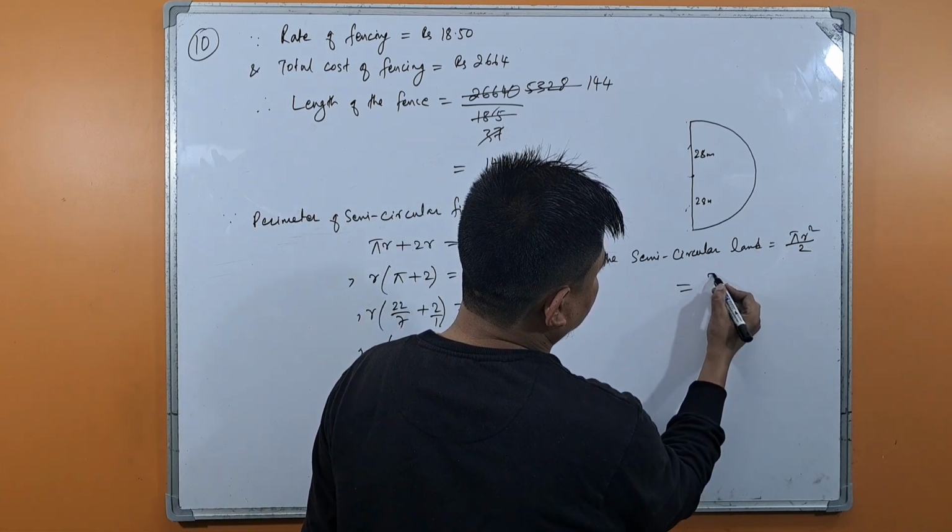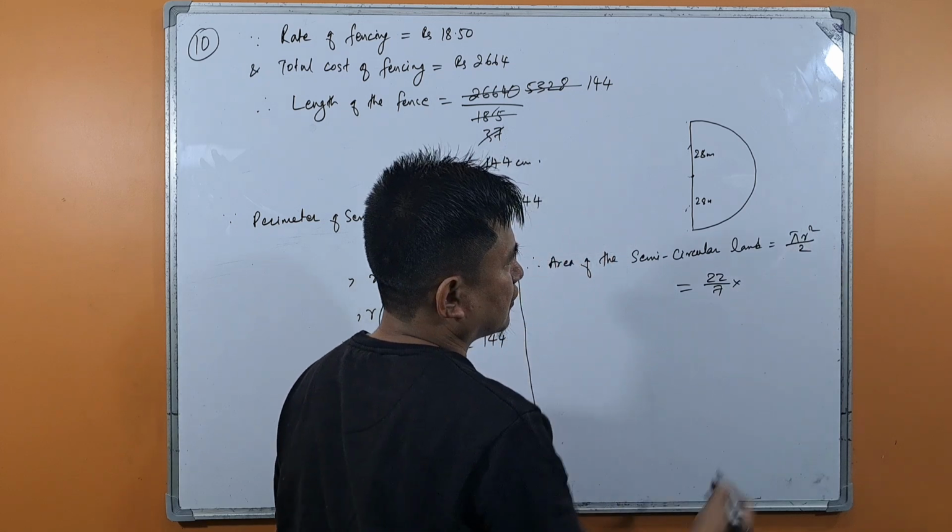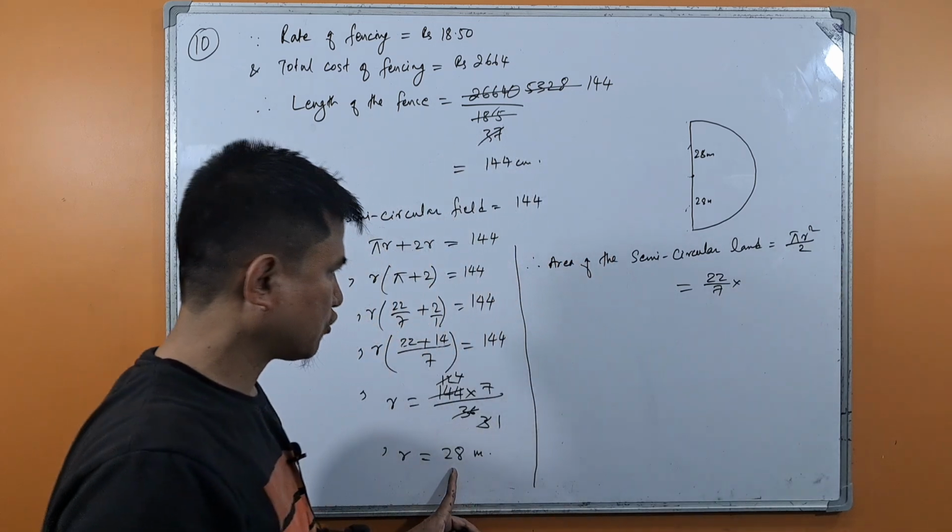So we write 22 by 7 into r square, where r is the radius, 28.